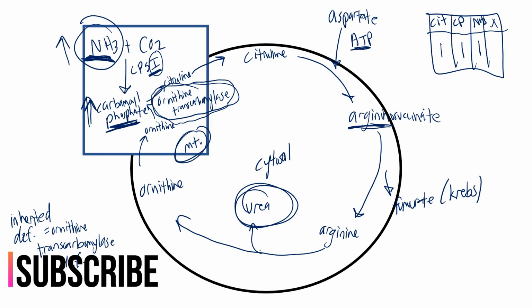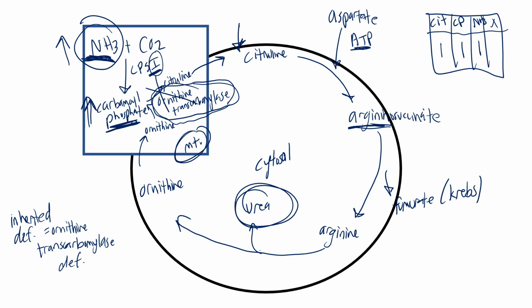If ornithine transcarbamylase is not working, naturally, you can no longer get to citrulline. So citrulline will go down in this disease. What about carbamoyl phosphate? We can still make carbamoyl phosphate because CPS1 is working. We just don't have ornithine transcarbamylase working. That means carbamoyl phosphate is building up in massive quantities because it can't continue on to be converted into citrulline. So carbamoyl phosphate will go up.